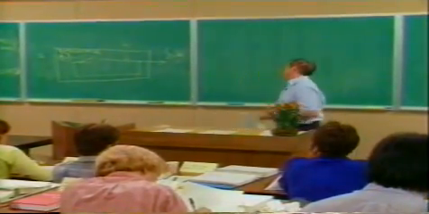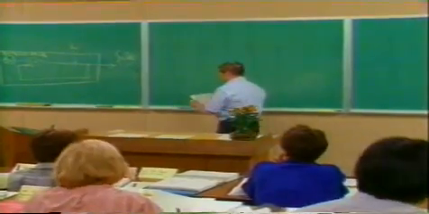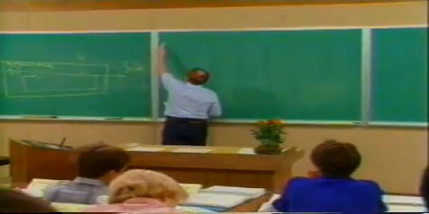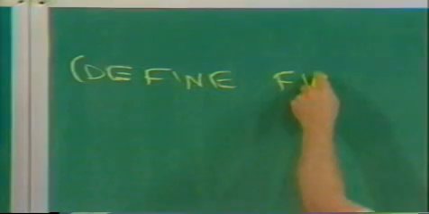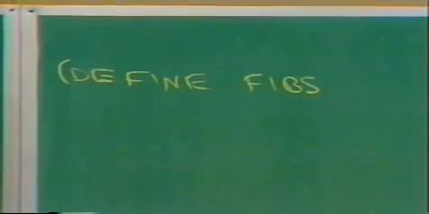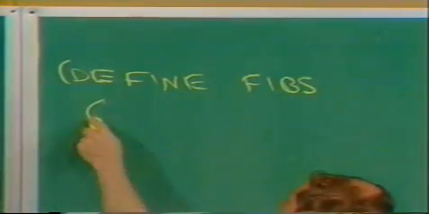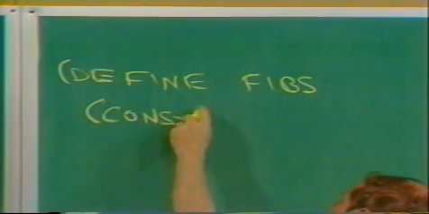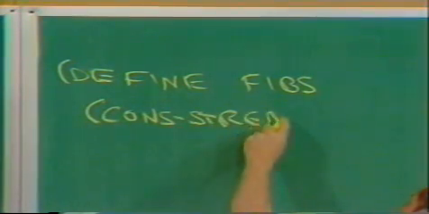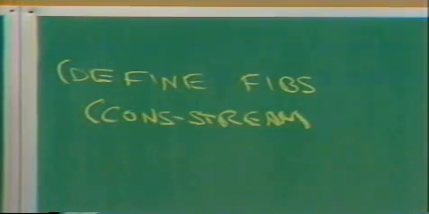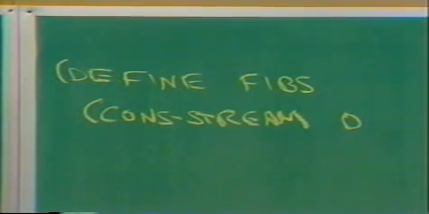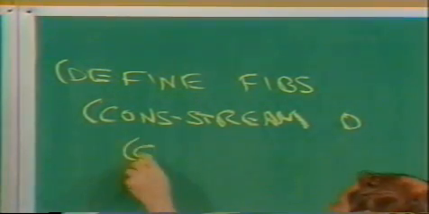Well, all sorts of things we can do. Let's try this one. How about the Fibonacci numbers? We can say define fibs. Well, what are the Fibonacci numbers? It's something that starts out with 0, and the next one is 1.